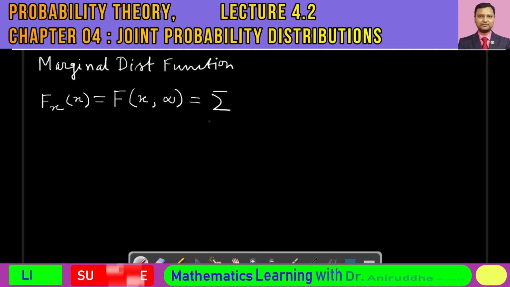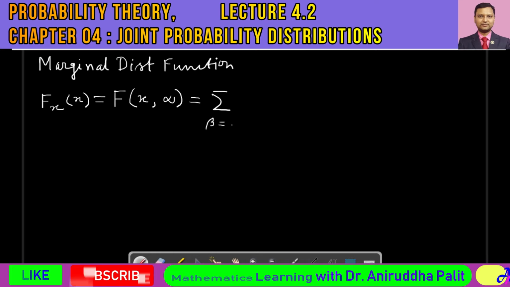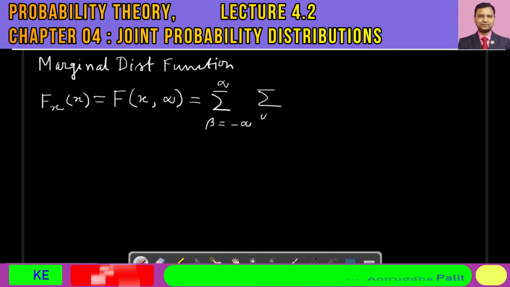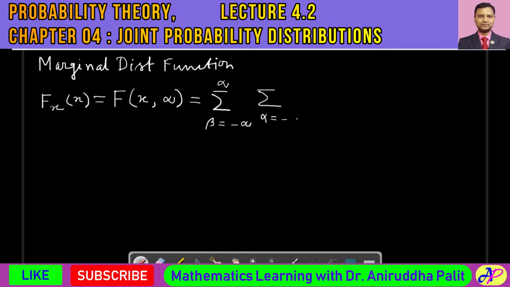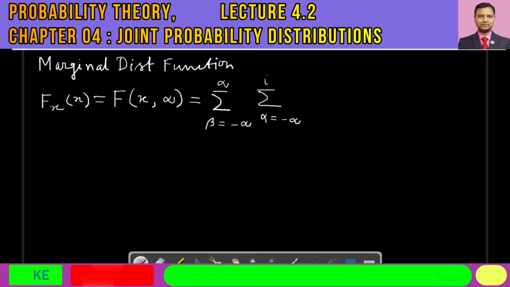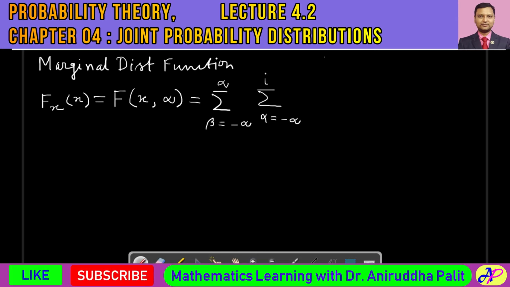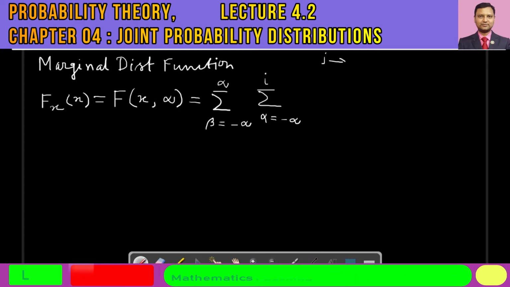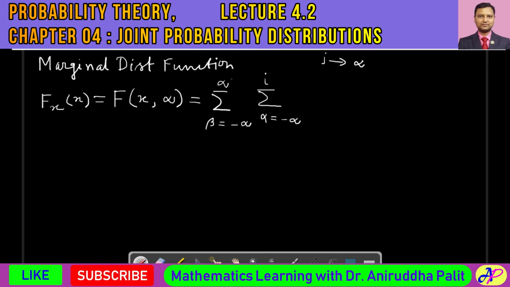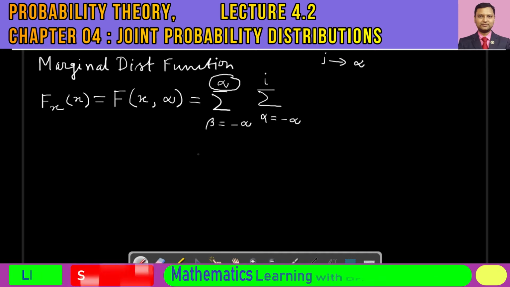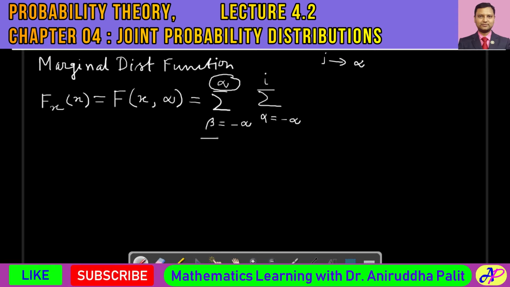You can write alpha first, you can write beta first. Over here I am writing beta, the second index, first. Beta theoretically runs from minus infinity to infinity. The second index should tend to infinity, but the first index alpha should be from minus infinity to i. I told you that in the previous result we take j tending to infinity. That's why over here we have infinity, that is the upper limit of this second index beta.